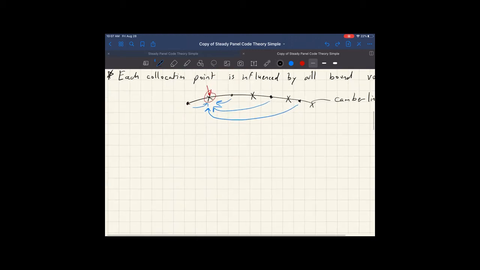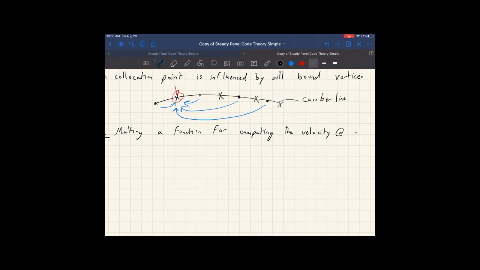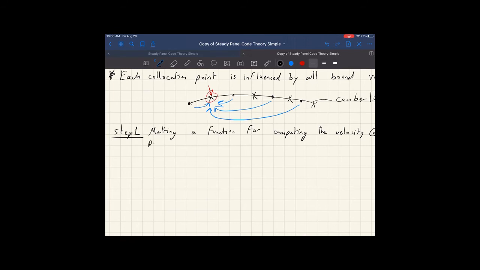So the first step to this algorithm is making a function for computing the velocity at a point due to a vortex.